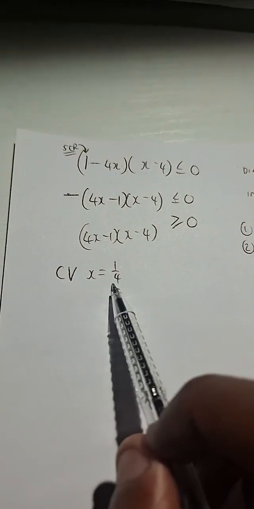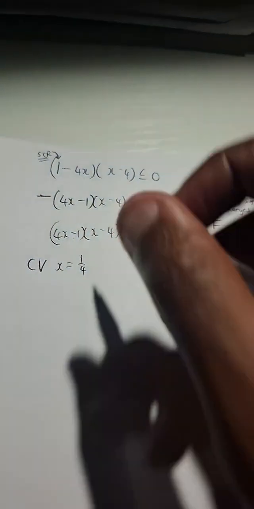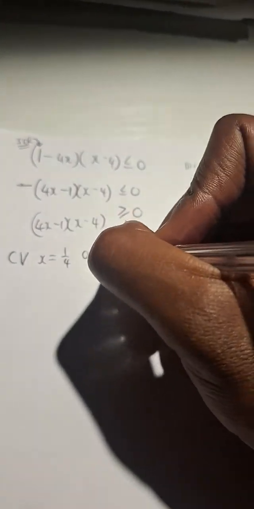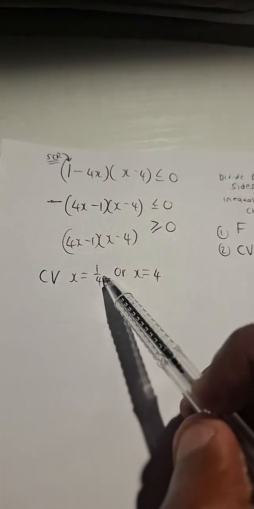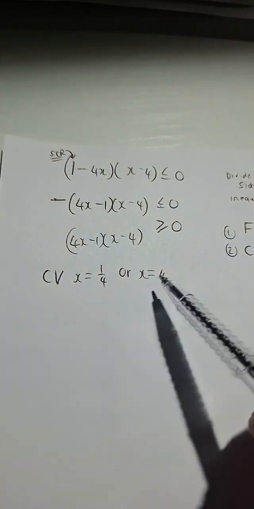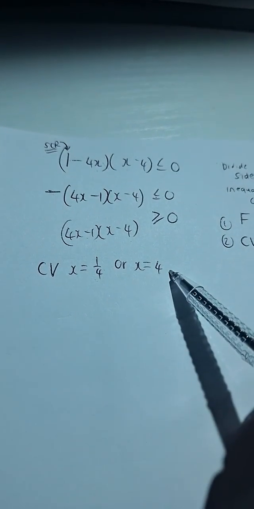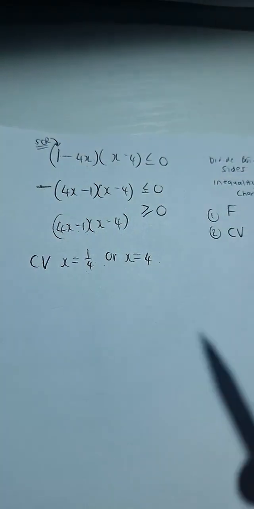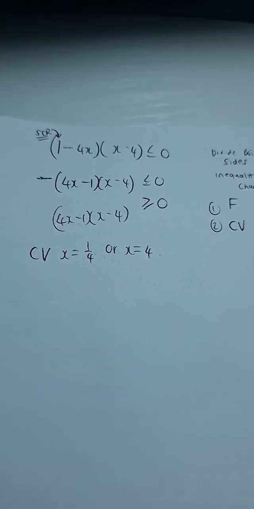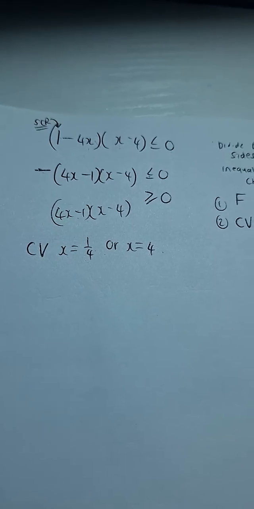That means x would be equal to 1 over 4. So we write down that this is a critical value, 1 over 4, or x is equal to positive 4. These are our critical values, 1 over 4 and 4. I hope this makes sense, guys. 1 over 4 and 4, those are our critical values.